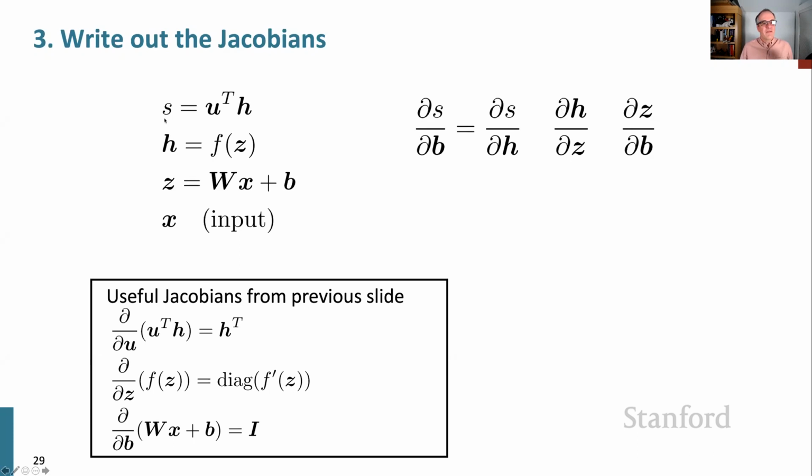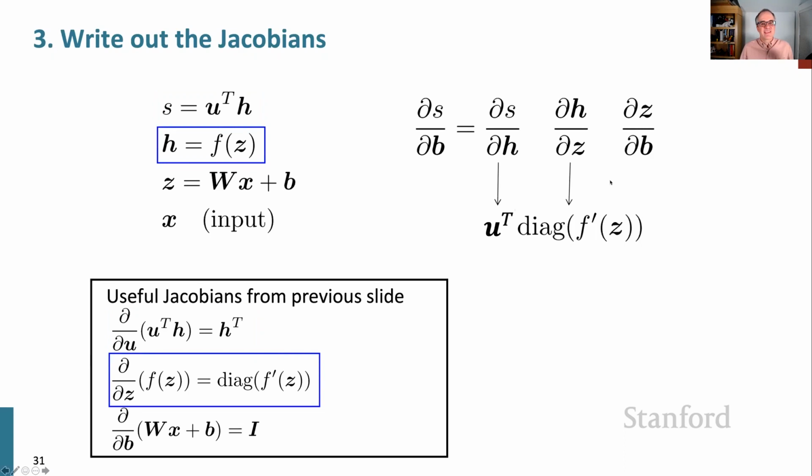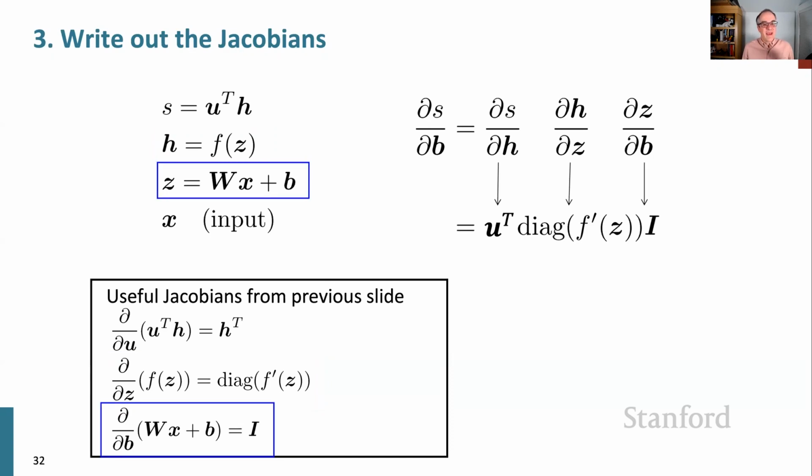And so we can use those. For the partials of S with respect to H, that's going to be UT, using the first one. The partials of H with respect to Z, that's the nonlinearity, so it's going to be the diagonal matrix with the element-wise derivative F prime of Z and 0 elsewhere. And then for Wx plus B, when we're taking the partials with respect to B, that's just the identity matrix.